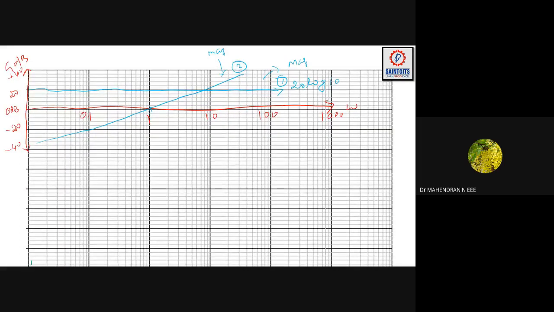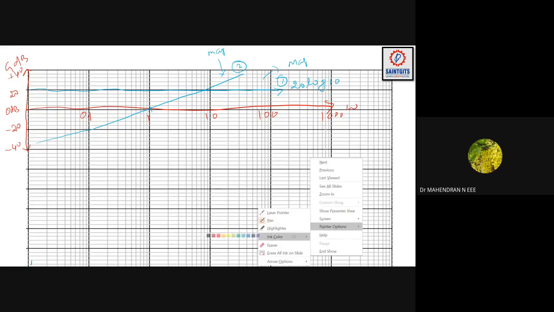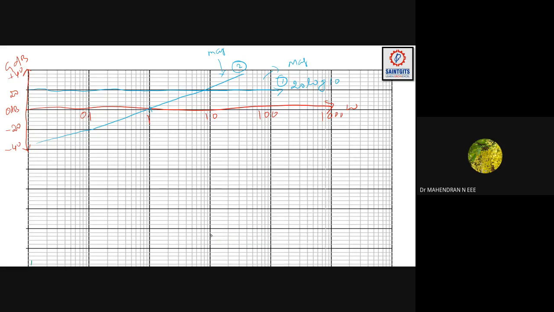So mark 10 here, and the next frequencies will be 100, then 1000, and so on. The plot starts from here and goes like this.